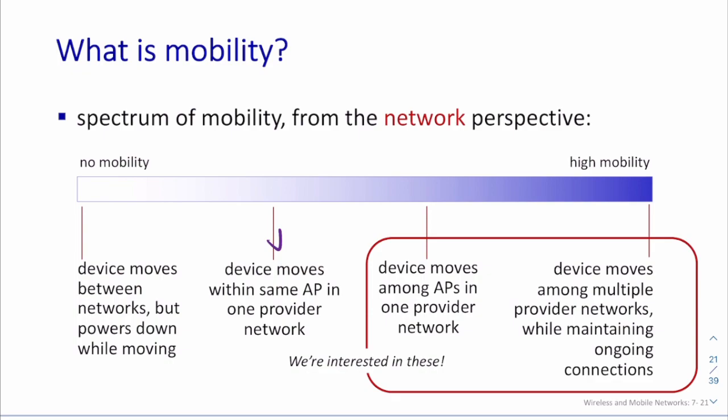So at the right hand side, we are interested in this: a device moves among APs in one provider network. It's very similar to a campus network. In our campus, we have several access points, and they have the same SSID, which is NCCU Wi-Fi.